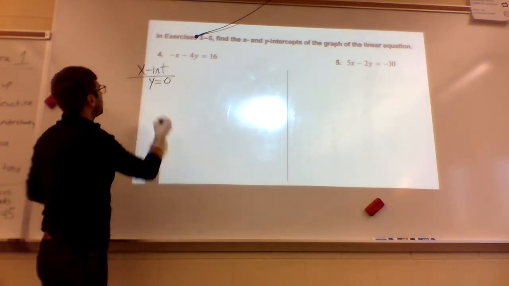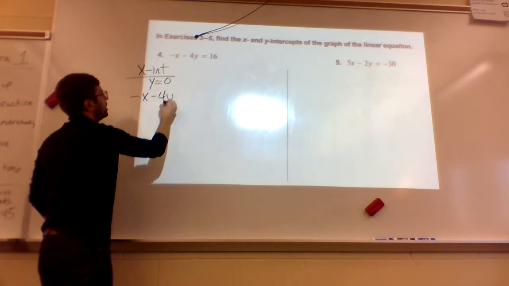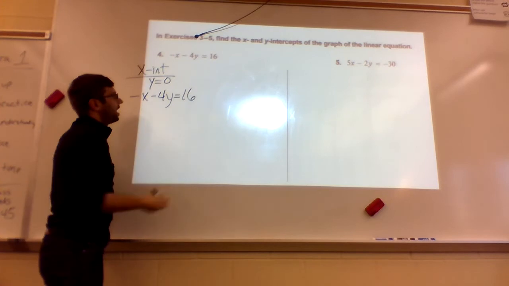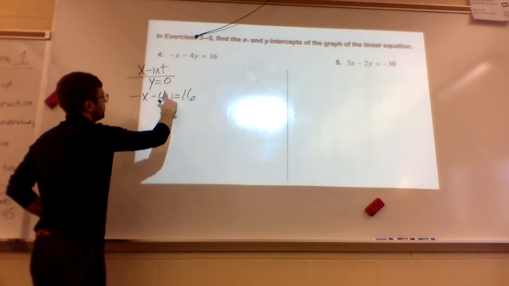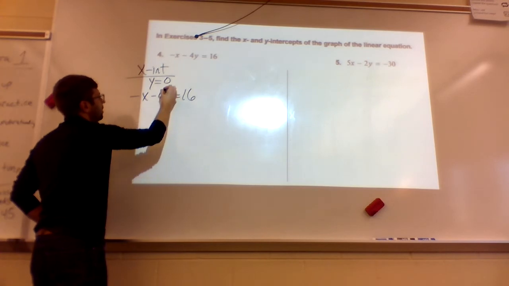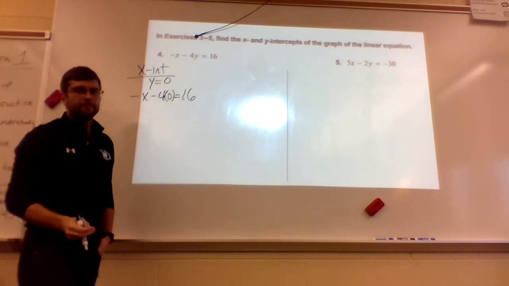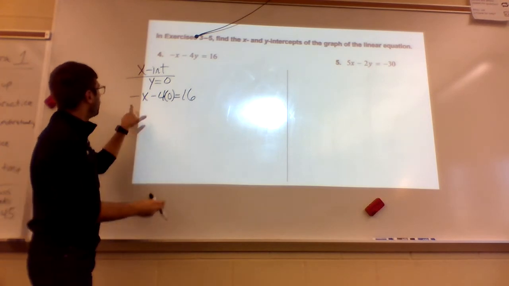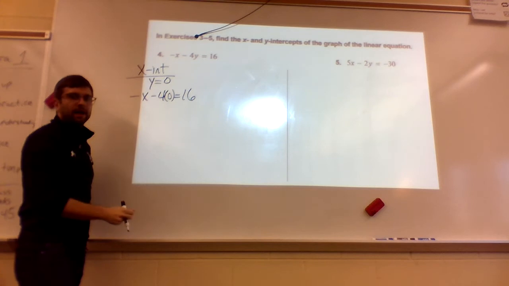And so in our equation here, -x minus 4y equals 16, my first step is to replace the y right here with 0. When you do that, you'll see this portion related to the y cancel out.